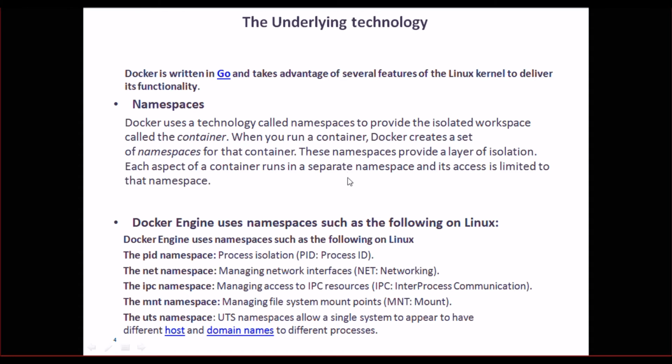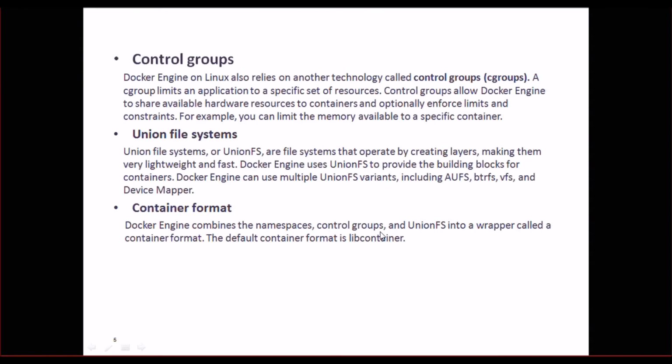Okay, so we talked about the namespaces. Now the essential component is also called the control group. Whenever you are launching any of the resources in your system, the cgroup is the component which allocates the specific amount of memory, CPU and other resources.